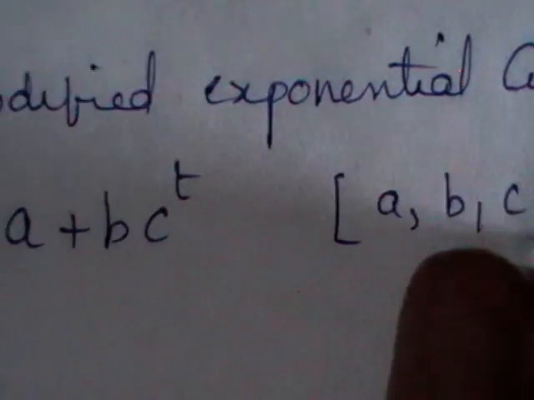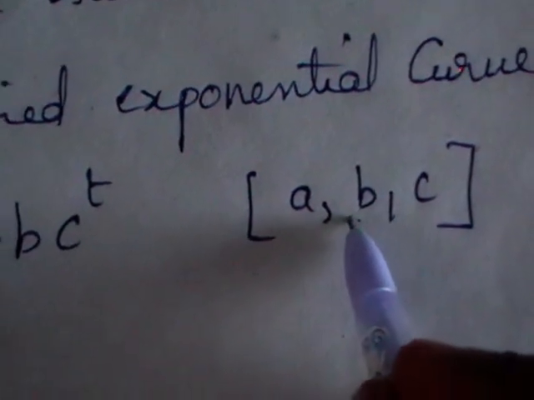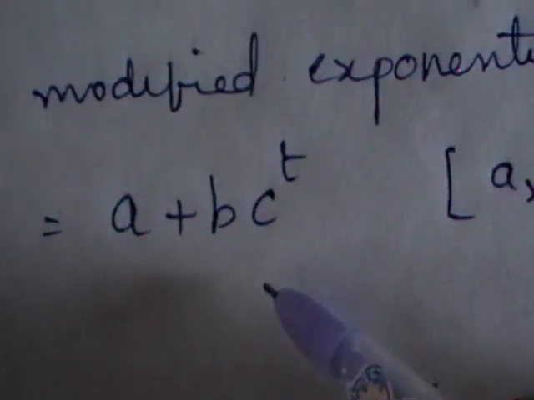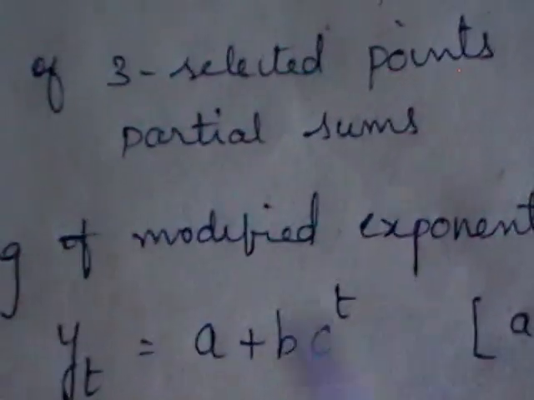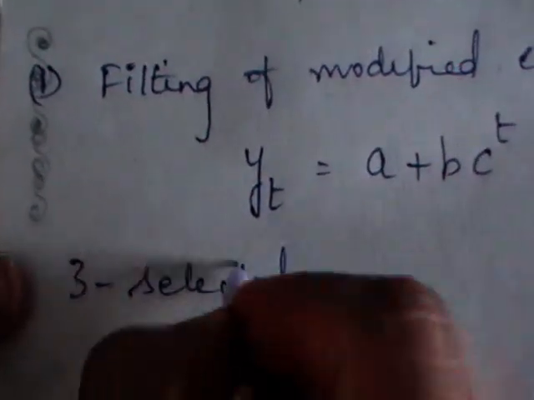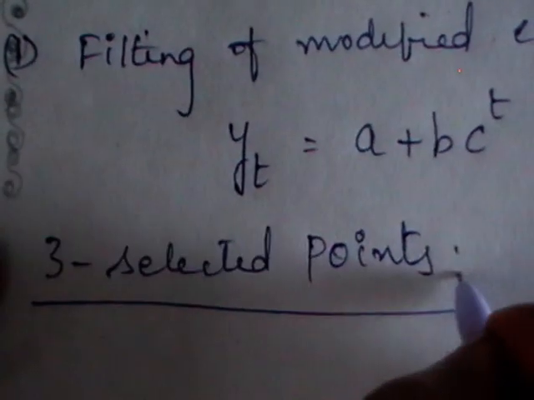Unknown constants are a, b, c. So fitting of any curve involves finding the three unknown constants a, b, c. To find out these three constants, we are going to use the first method called method of three selected points.